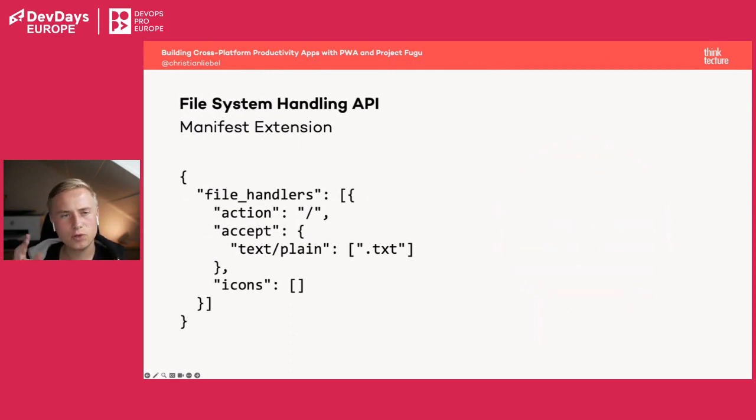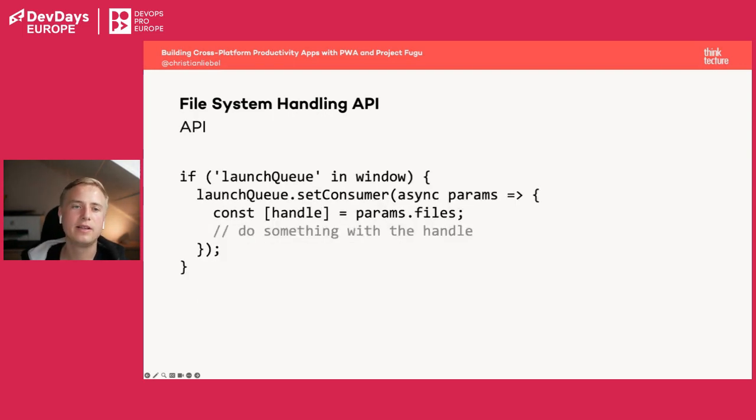And now this has two parts. First of all, there's an extension to the manifest. So you have to declare in the manifest file that contains the name and the image and so on, which files you support. And once the user selects your application, there's also a runtime API called the so-called launch queue, which will then give you access to the files that you open the application with.